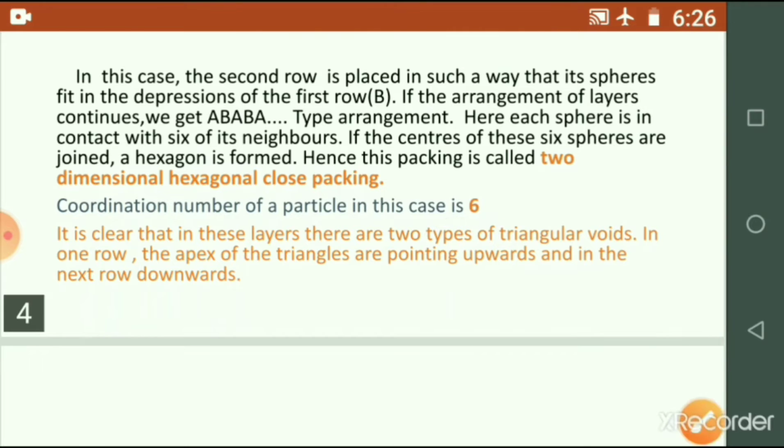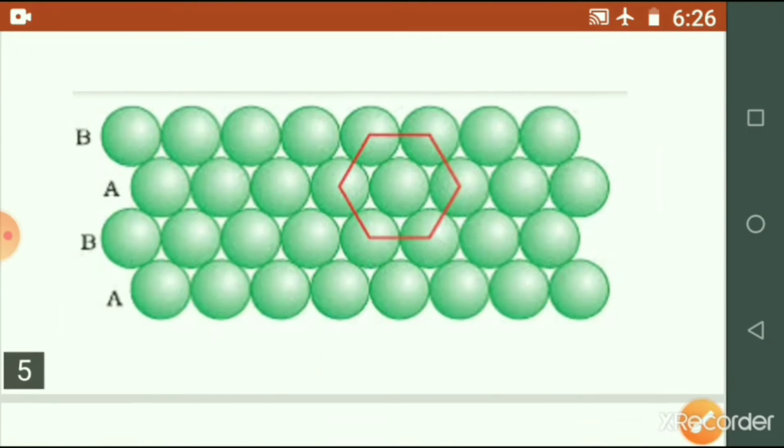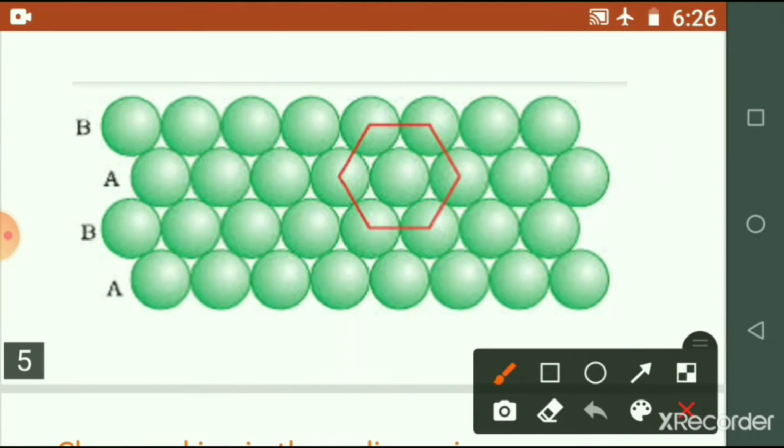Now you observe here, if we observe the depressions, what is the shape?